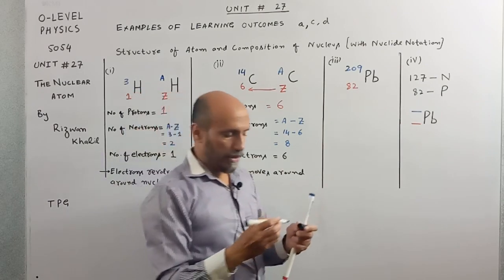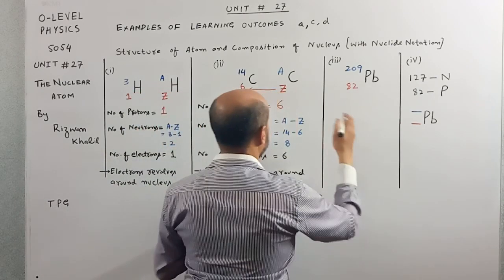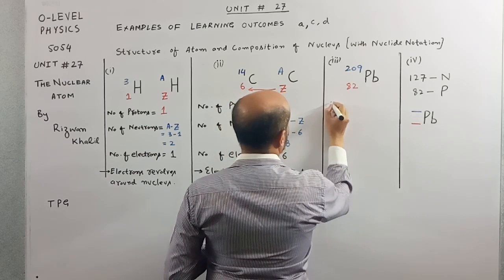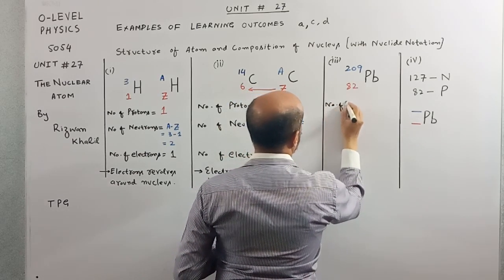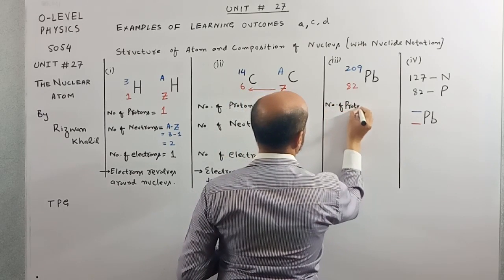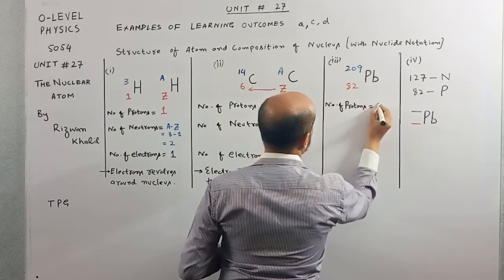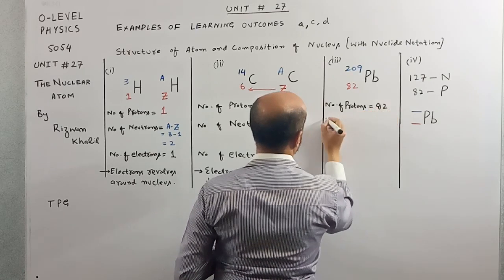Now example number 3, here I will write it directly. Number of protons is equal to 82.